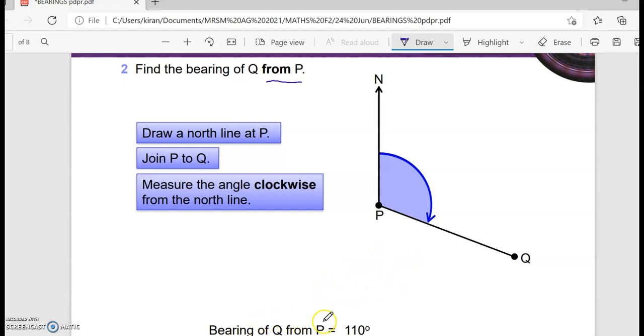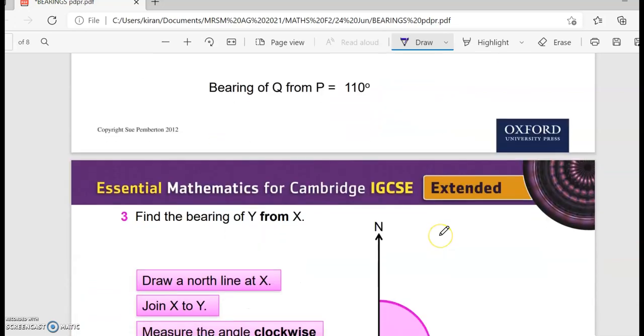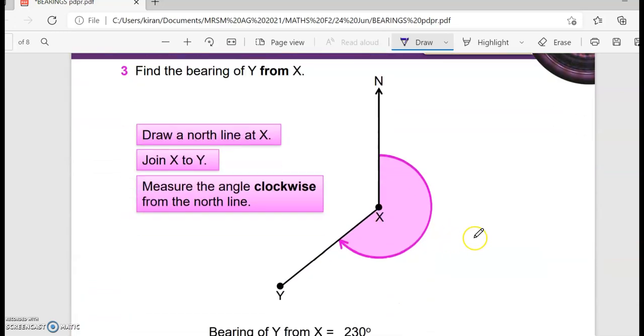So bearing of Q from P is 110. As you can see, the angle is actually greater than 90. That's why the reading for bearing Q from P is 110 degrees. Benda ni berguna lah kalau you pandai baca bearings ni, you pandai untuk baca pada kompas nanti.